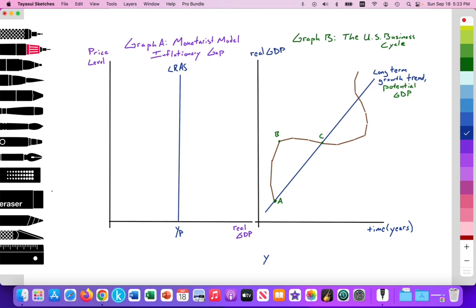Again, Y is equal to income in economics, and we assume in a closed circular flow model that income equals spending. Whatever you make is all that you spend, and the spending is equal to the output that you buy. So thus, Y is equal to real GDP.